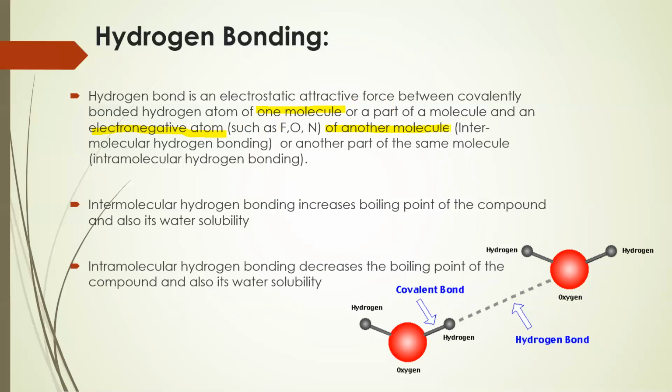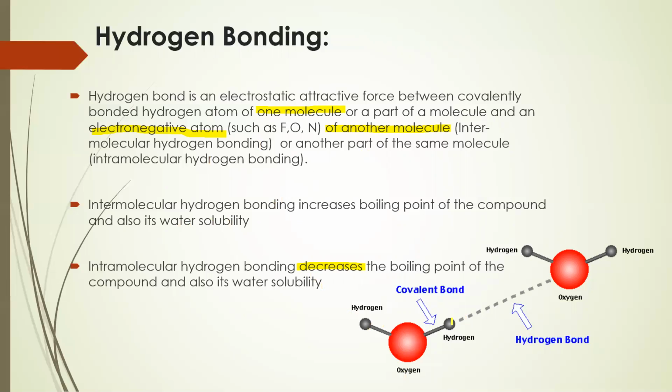This is what we obtain as an intermolecular hydrogen bond. Or else with another part of the same molecule, we obtain an intramolecular one. First intermolecular, second intramolecular. Intermolecular hydrogen bonding increases the boiling point of a compound as well as its water solubility, whereas intramolecular hydrogen bonding decreases the boiling point of the compound and also its water solubility.